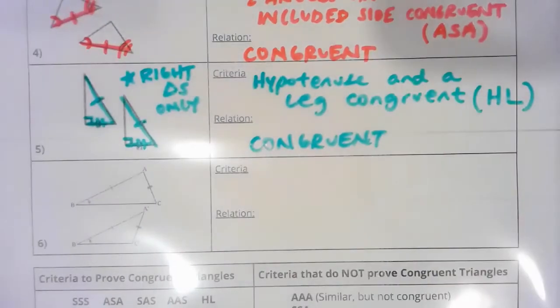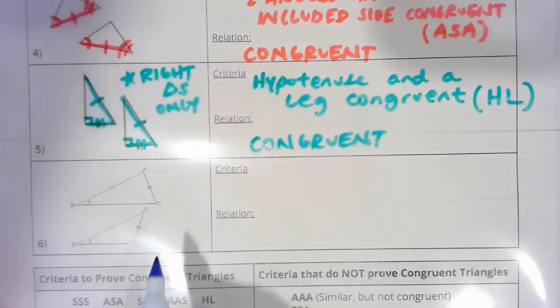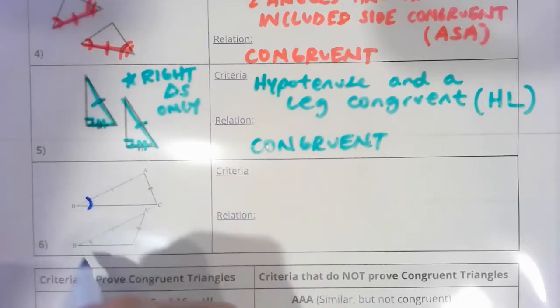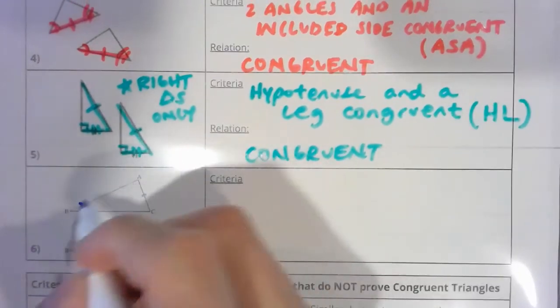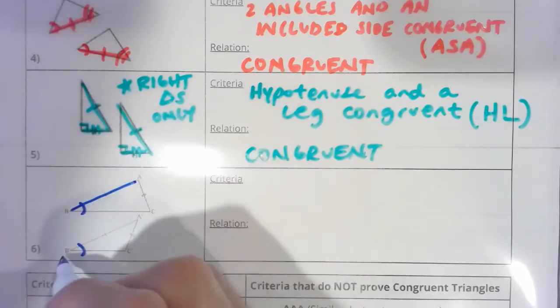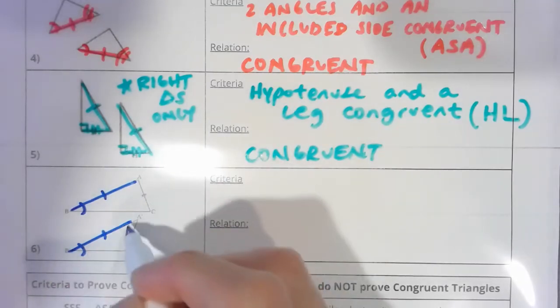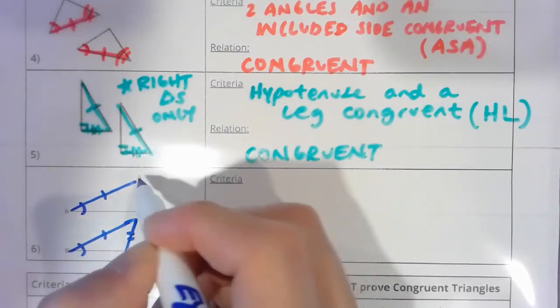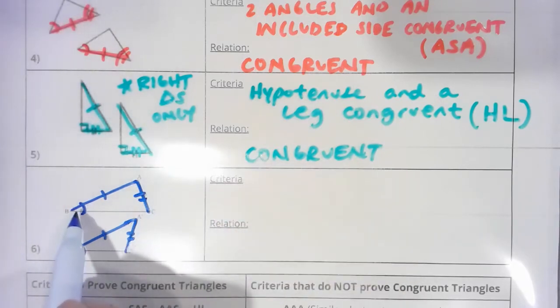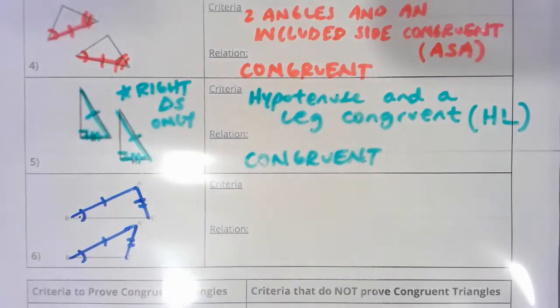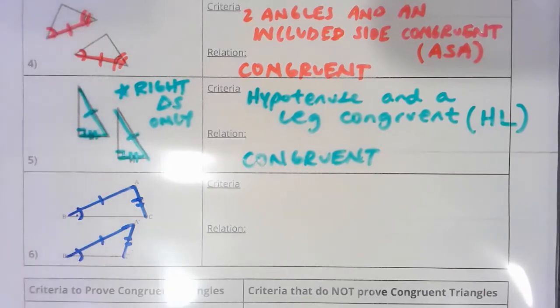Last one. In these two triangles, we have an angle that's congruent. We have a side, and then this last side, but the angle is not in between the two sides. The angle is only touching one of the sides.